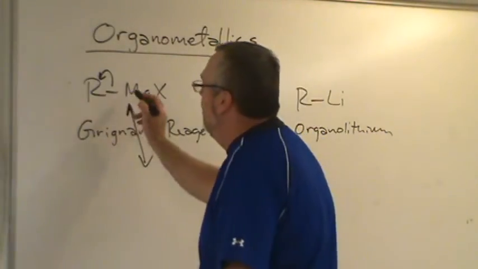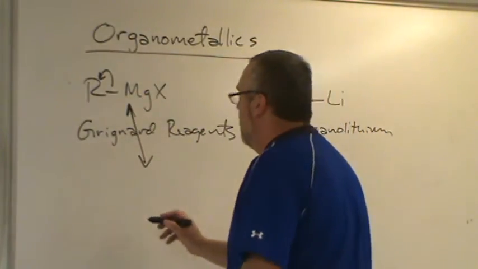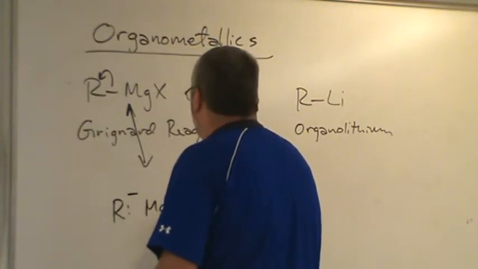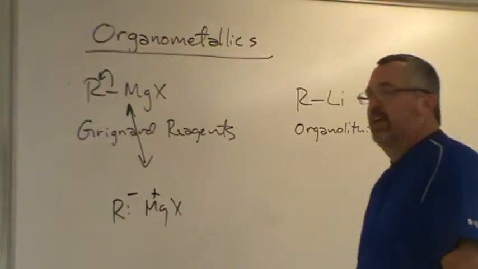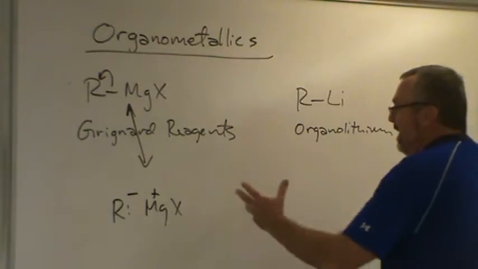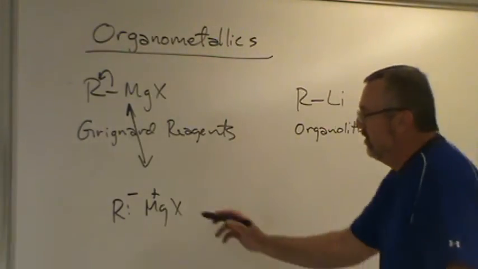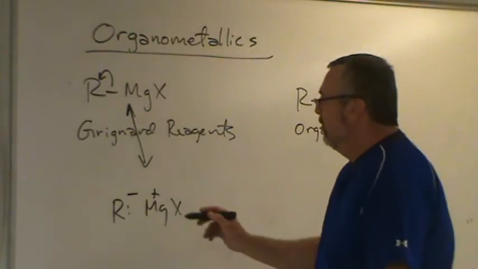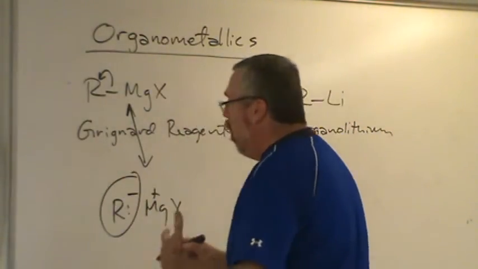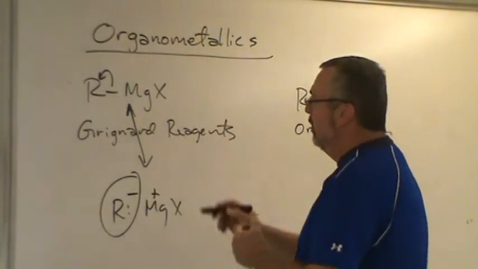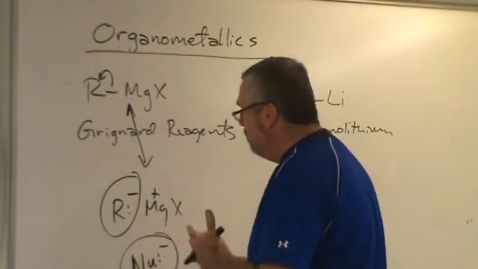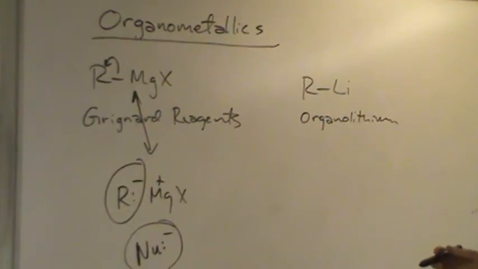We're going to take both electrons of this polar covalent bond and put them onto the R group, which gives the R a negative charge and the magnesium a positive charge, and that's the state that magnesium would like to be in, being a metal. And it really emphasizes the fact that the R group, the organic portion of the organometallic, is quite a good nucleophile. It's nucleophilic. It looks like a nucleophile. It's got a lone pair and a negative charge.